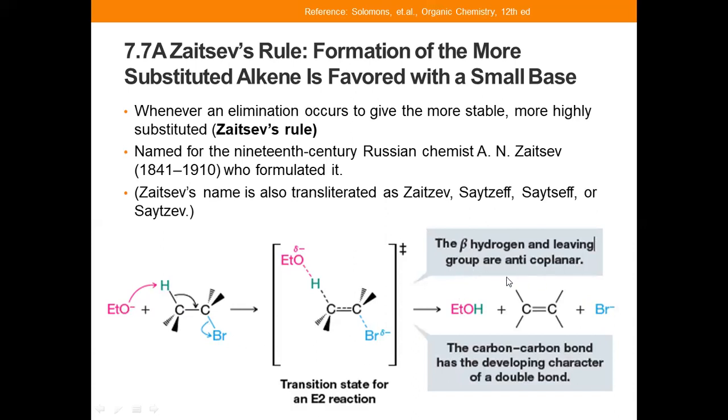And the beta hydrogen and leaving group are anti-coplanar. They are anti-coplanar here. And of course, the carbon-carbon bond here has a developing double bond character in the transition state.